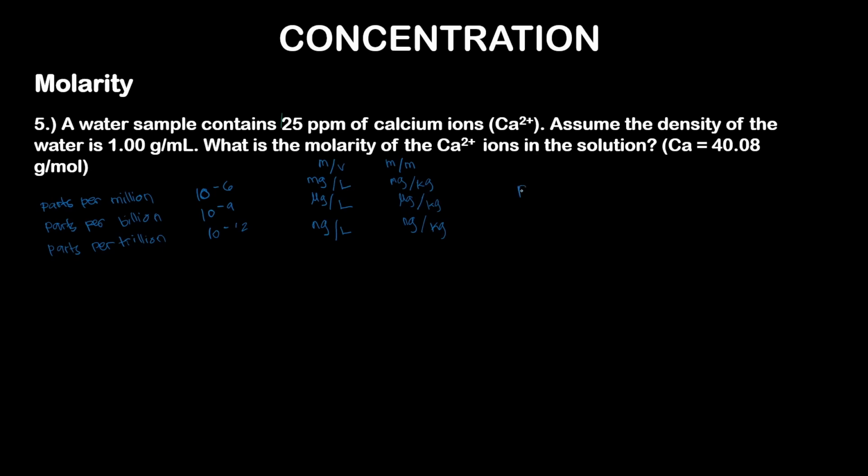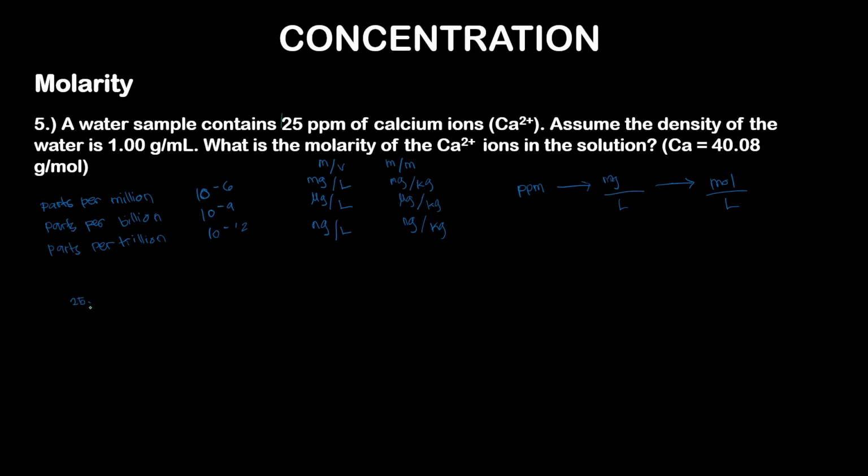So from ppm, which is milligram per liter, to molarity or mole per liter. So we want to convert this milligram to mole. That's it, because we have the liter here. Okay, so let's start, since the concentration is given, let's start there.